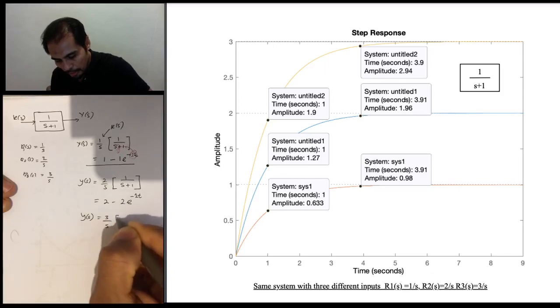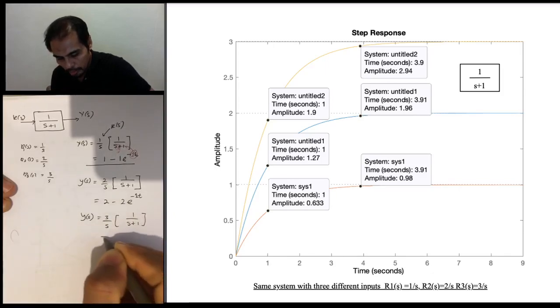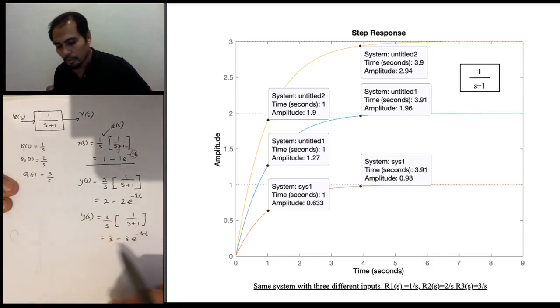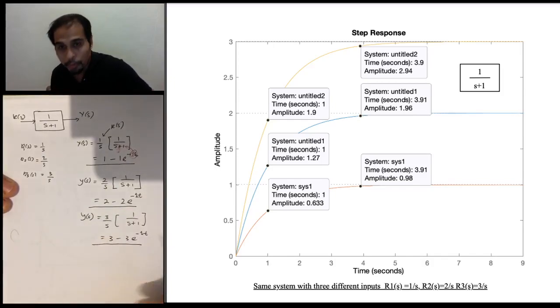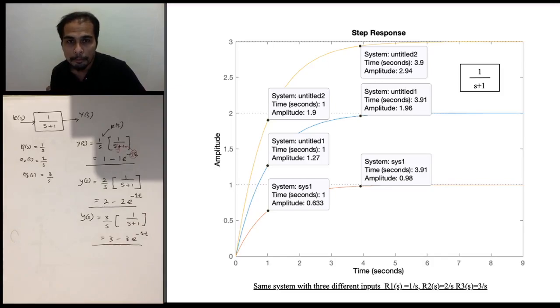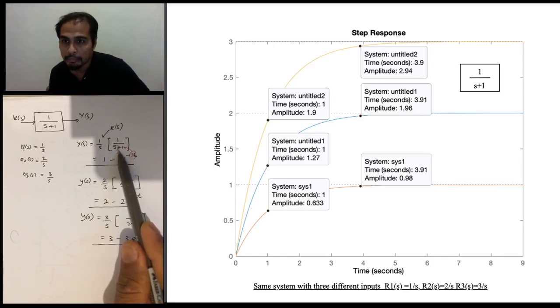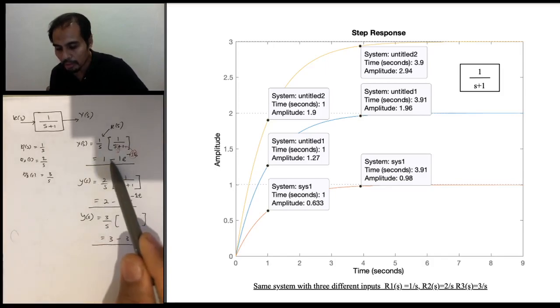And try 3 over s times 1 over s plus 1, which is 3 minus 3e to the minus t. So all three produce the same response but differ in steady state. Meaning that by looking at the transfer function, we should be able to determine the time constant, rise time, and settling time without having to convert to the time domain.